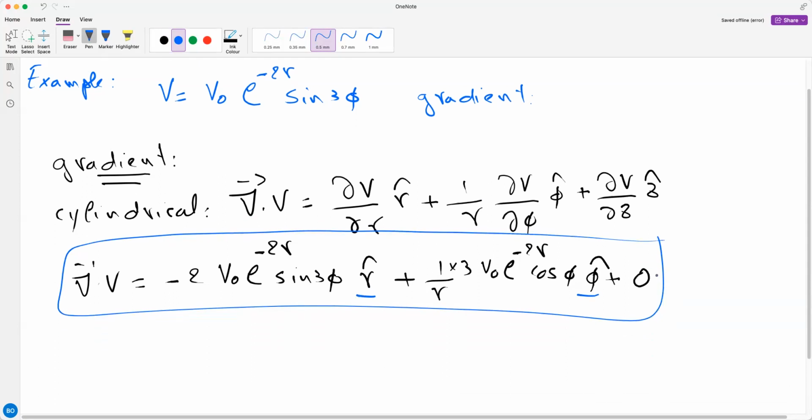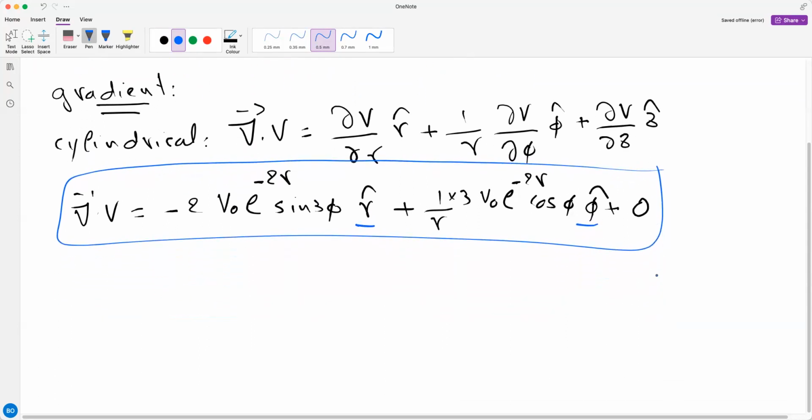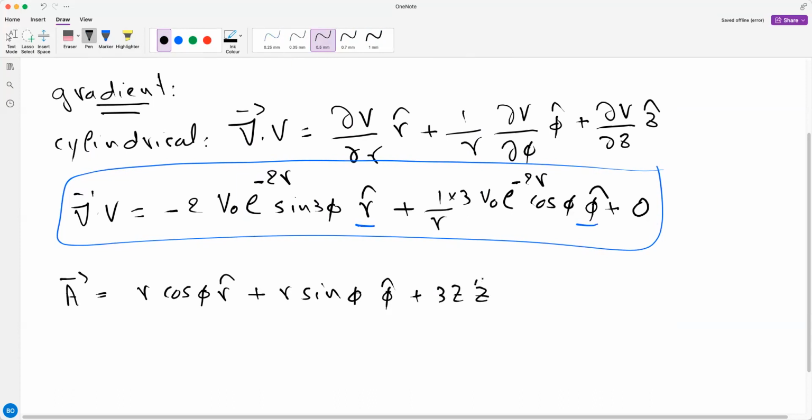Another example now. Let's take a vector A, which has the components cosine phi r, plus r sine phi phi, plus 3z z.